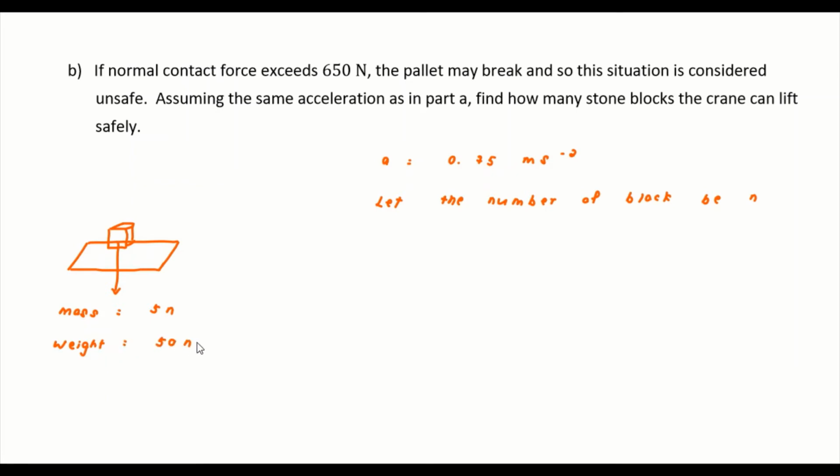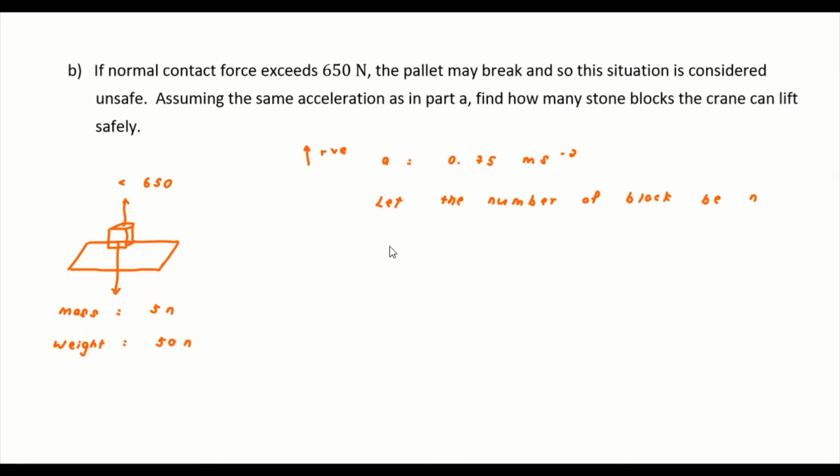Then the normal reaction cannot exceed 650, so the going up part must be less than 650. That's the idea. Now let's denote our positive direction. Since we used up as positive in part A, we continue with that: going up is positive.